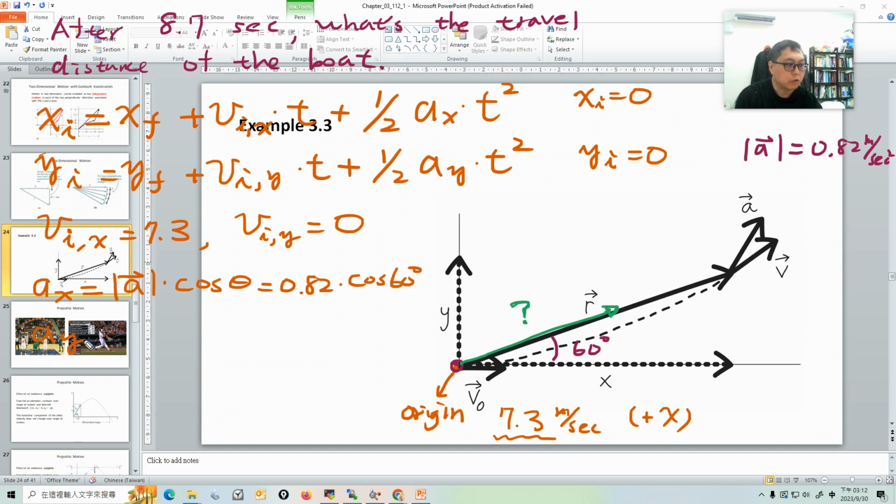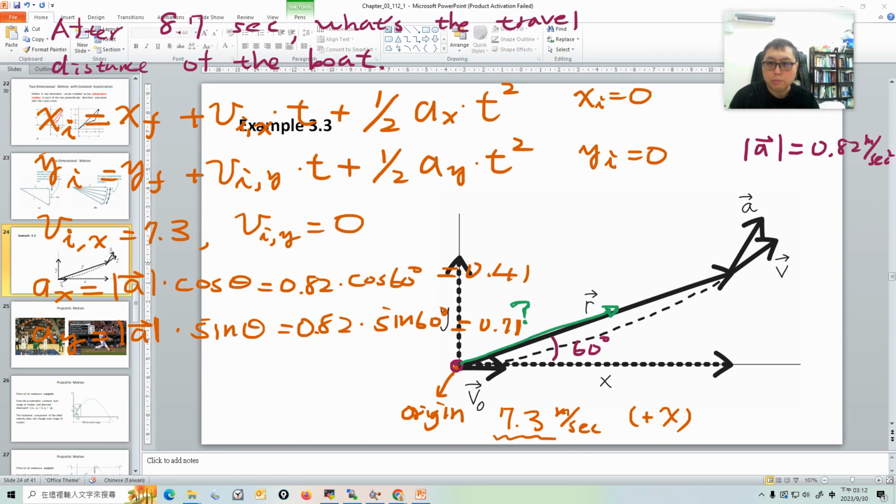At the same time, the acceleration y component is the magnitude of a times sine theta, so 0.28 times sine 60 degrees. One value is 0.14 and the other is 0.24. You can calculate by yourself; I just write the answer down. I think we pretty much have all the information.